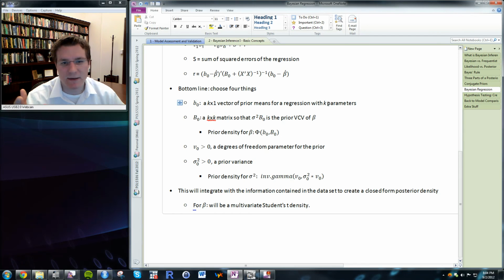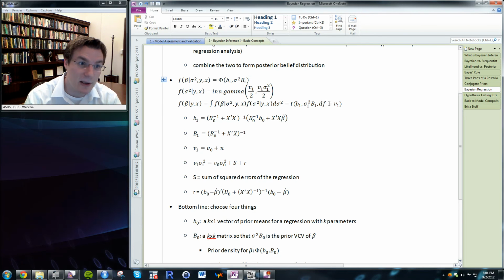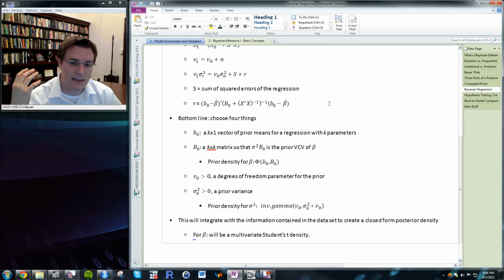Our prior density for the dispersion parameter sigma squared is going to take an inverse gamma form. And if I restrict myself to those prior densities, I'm going to be able to combine that information with the likelihood products to form a posterior density that is relatively easy to work with, namely the t.